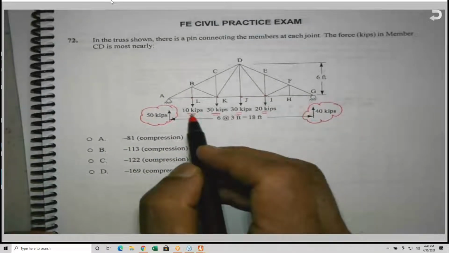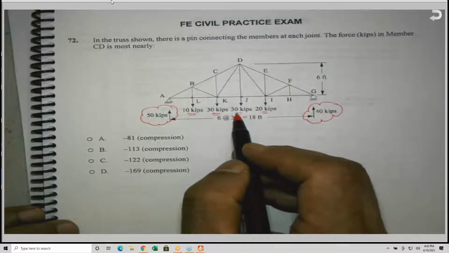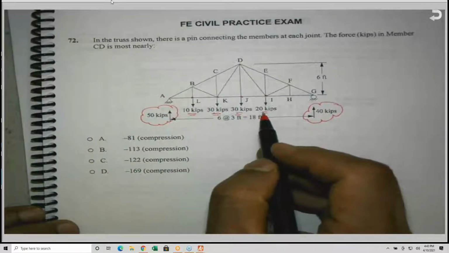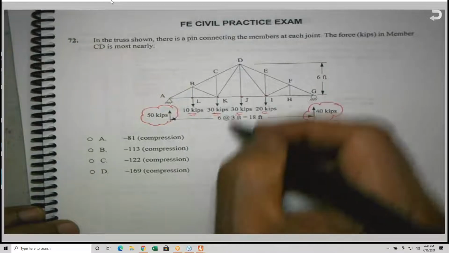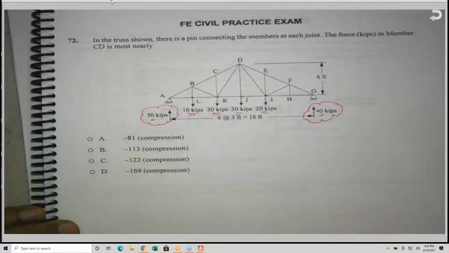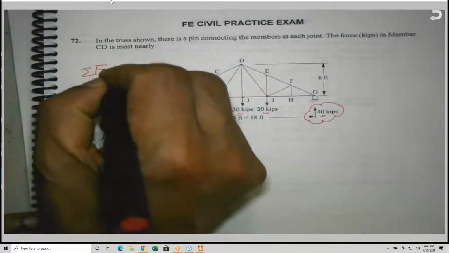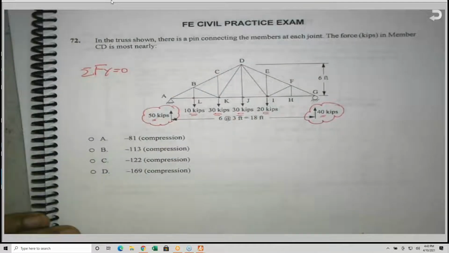So right now we have 10 plus 30 is 40, 40 plus 30 is 70, 70 plus 20 is 90. Those are acting down. And 50 plus 50 plus 40 is 90. So we are satisfying the equilibrium equation, sigma force y equals 0.